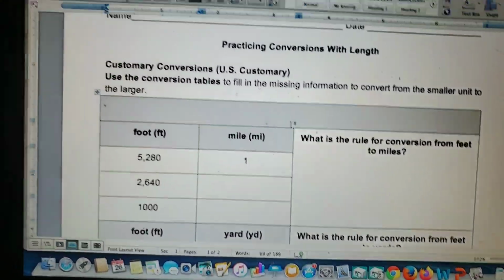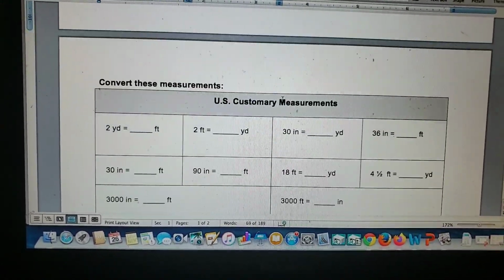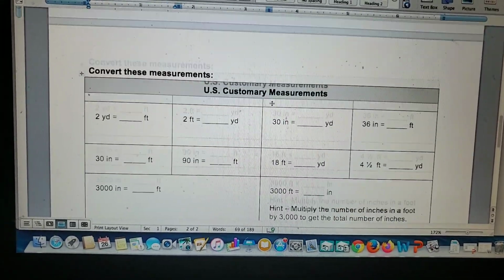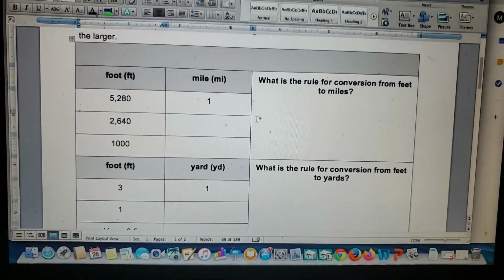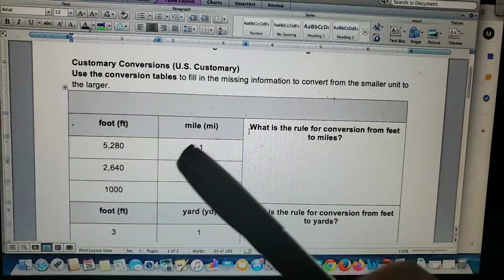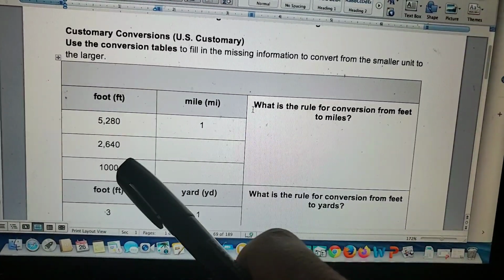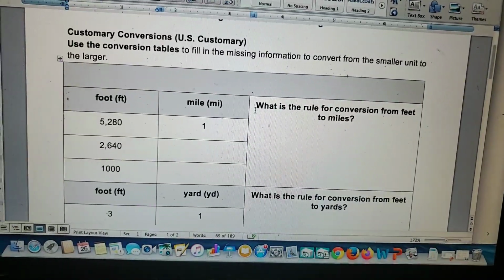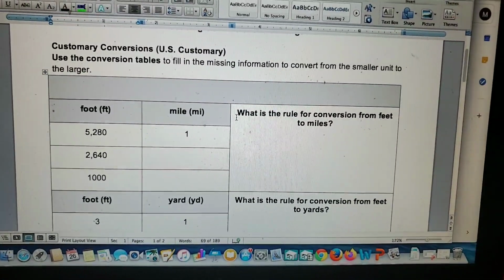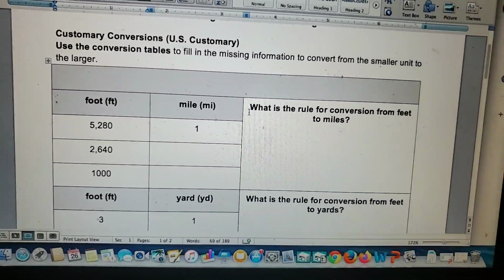So you have 2 pages, one front, and this is the back page. Let's start with this chart here, because our first chart wants us to convert these feet into miles. When you convert these feet into miles, use the cheat sheet that I showed you earlier.